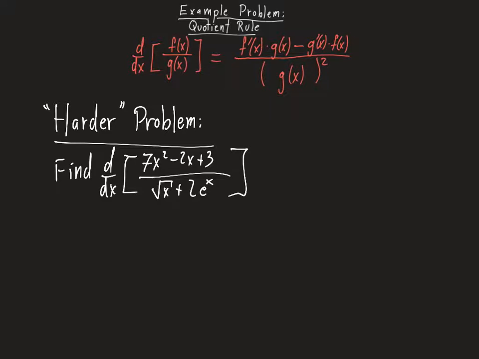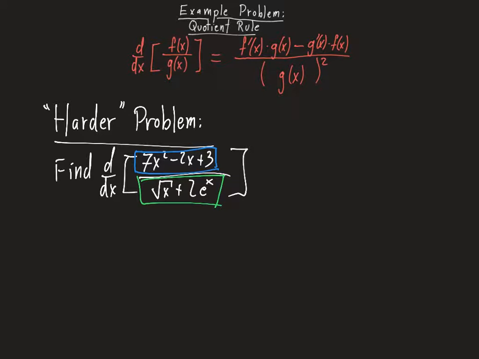Okay. This function definitely looks a little bit tougher than our easy example. But remember, the steps that you need to follow in these types of problems are always going to be the same. First things first, we identify that we need to use the quotient rule because we have this function in the top in blue that is being divided by this function in the bottom that is in green.